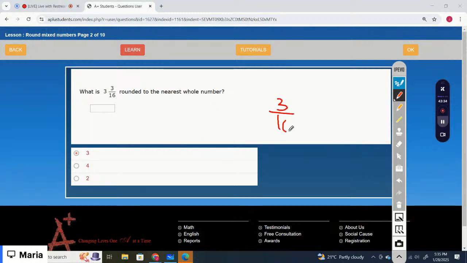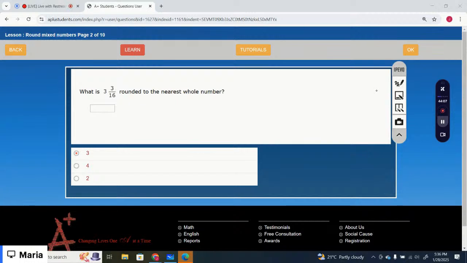The fractional part is 3 over 16. 3 over 16 is less than 1 by 2. So you need to round to the same whole number. It would be rounded to 3. The correct option is 3.